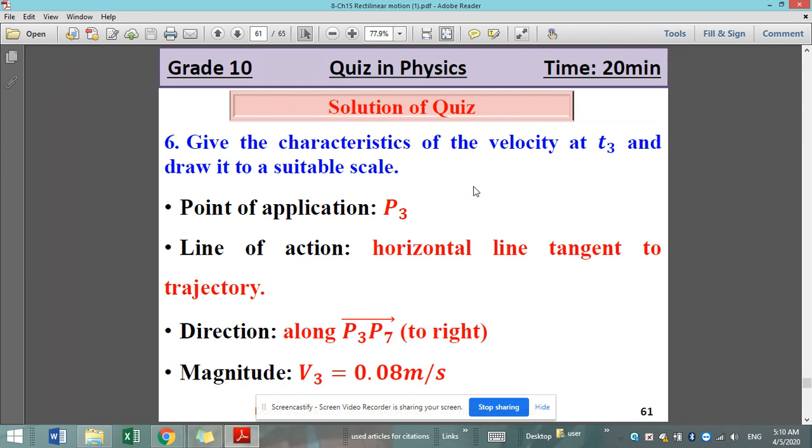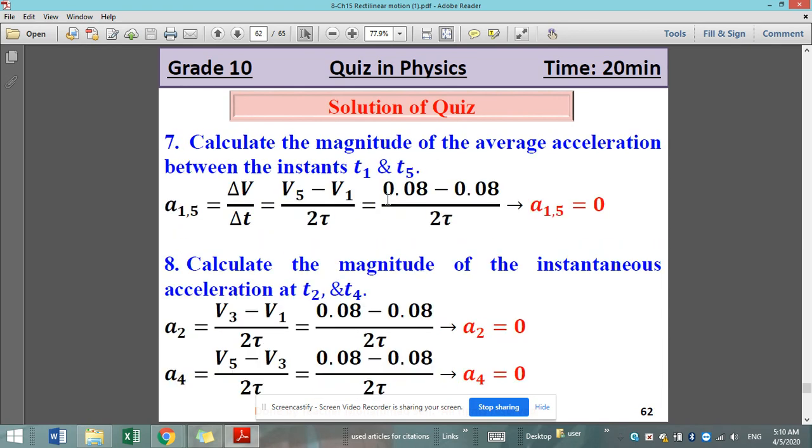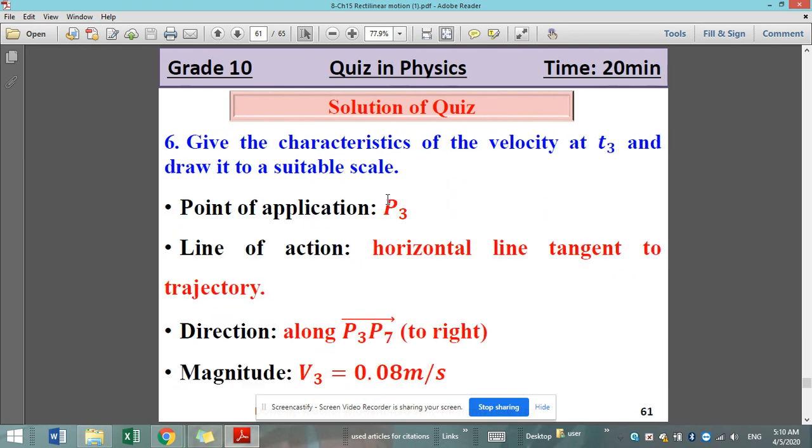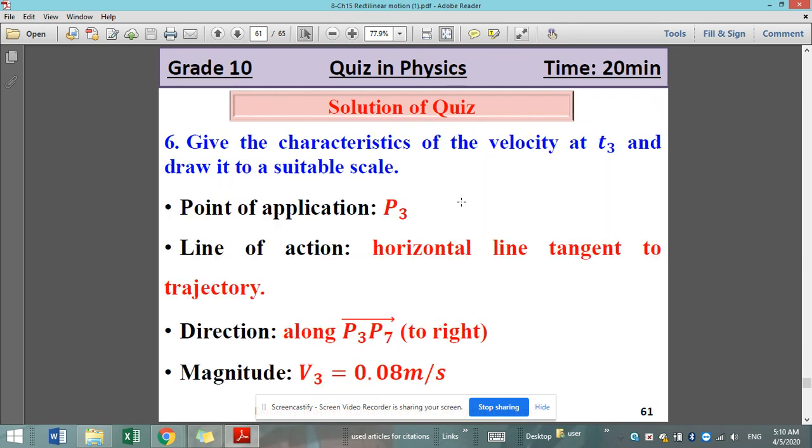So the point of application, as long as we're saying at T3, then this means that it is going to be at point P3. The line of action is a horizontal line tangent to the trajectory, because the object is moving along this line. The velocity vector must always be tangential to the line.